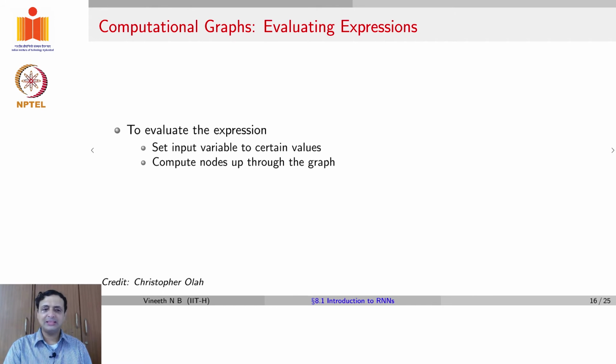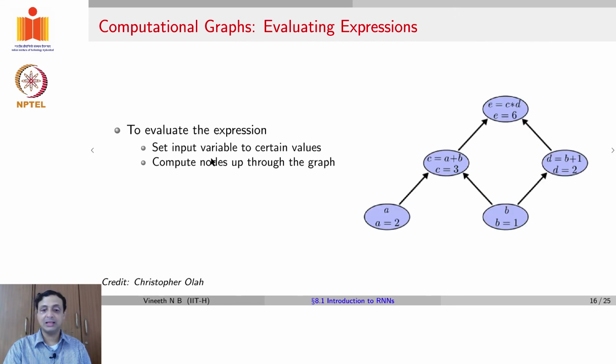How do you evaluate these expressions? Let's say you had specific values of A and B given to you. How do you evaluate this expression using a computational graph? You would set the input variables to the values that are given to you, and then you would compute the nodes up the graph from those variable values all the way till the root node to get your final answer.